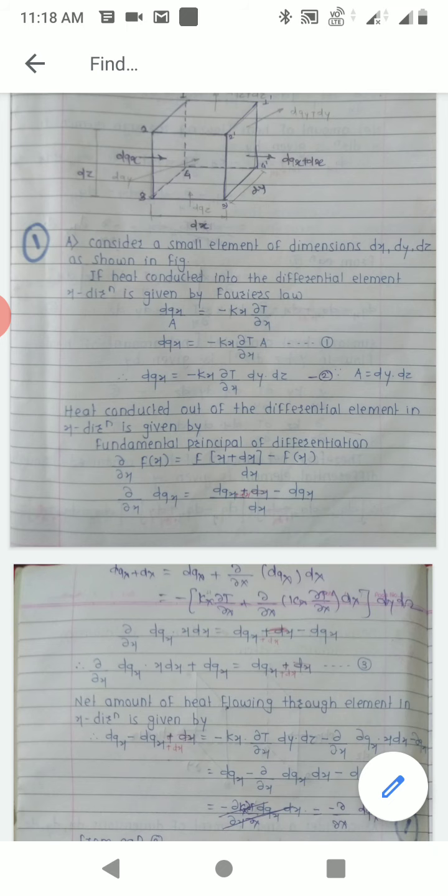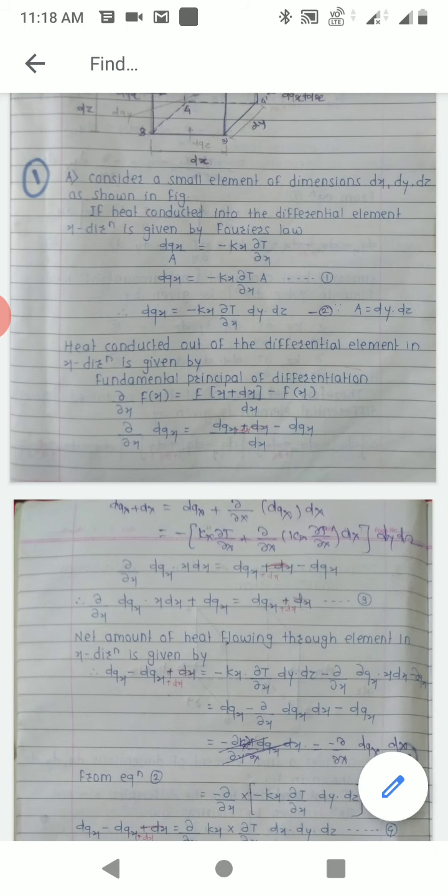After simplification we get dqx plus dx equals minus kx dou T by dou x plus dou by dou x of kx dou T by dou x into dx, and then we have dy dz. This is the amount of heat conducted out of the element.